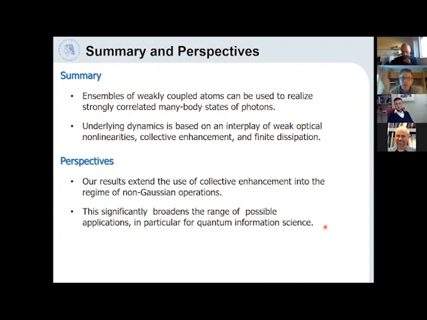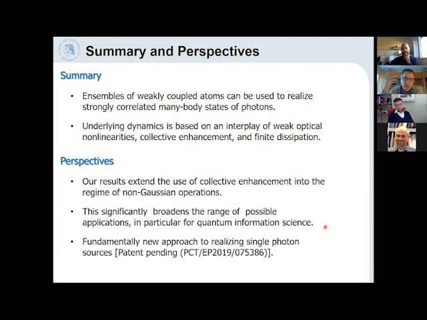In particular, for example, in quantum information science, you can use this to realize a fundamentally new approach to realizing a single photon source. So here this realizes a stream of anti-bunched photons, and interestingly, it does not depend on the type of emitter or the coupling strength. And it doesn't depend on the frequency or spectral range.